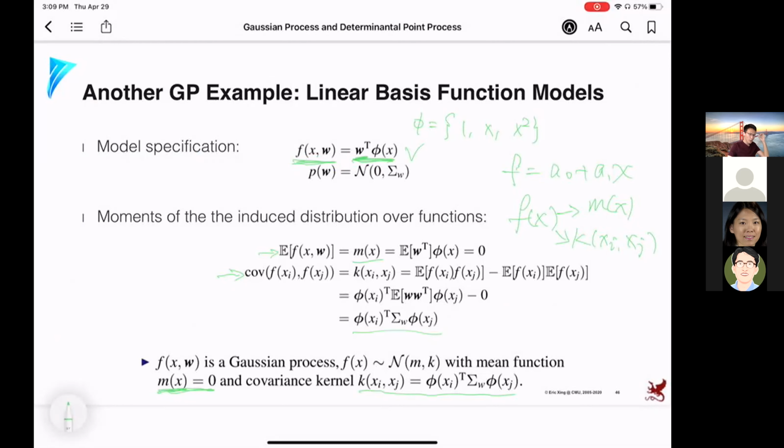Later on, we will see that in those cases, the kernel functions are simply based on functions of the distance between xi and xj, as opposed to being any arbitrary kernel. It depends how you want to specify your model. Later on, we will see all the inductive bias you can put into your Gaussian process is through this kernel function.